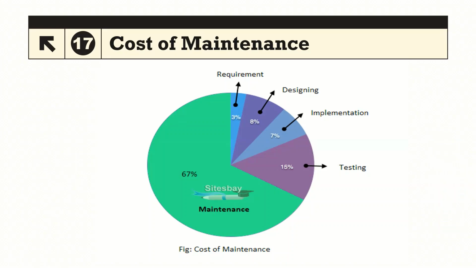Reports suggest that the cost of maintenance is high. A study on estimating software maintenance found that the cost of maintenance is as high as 67% of the cost of the entire software process cycle.